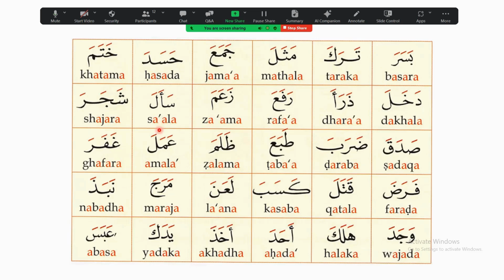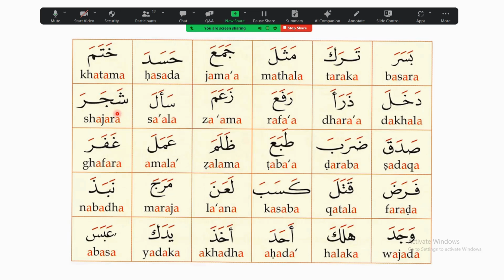The next word here is sa'ala: sin letter, hamza letter, and then lam letter. Sa'ala. I said that the sin letter has this whistle sound and air is removed from our mouth. So we will make this whistle sound and say sa, sa, sa'ala.